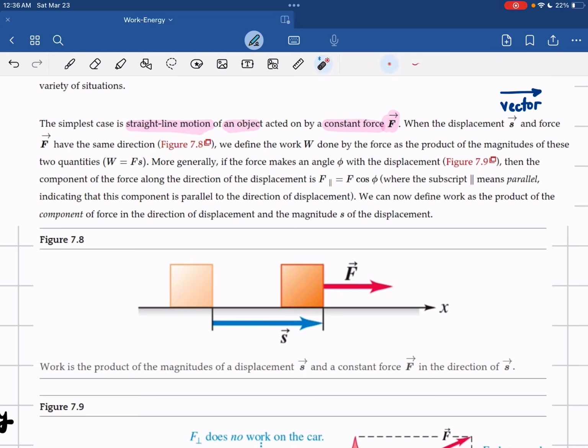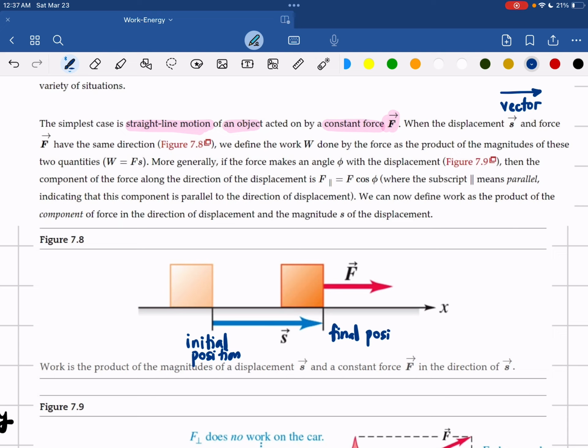And force F, that's another vector quantity, have the same direction. So this is in the figure. Yes, I see the displacement. Displacement again is defined as an arrow that goes from the initial position to the final position.